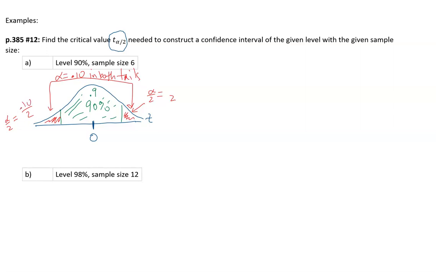So 0.10 over 2, 0.10 over 2 in each of those tails, and that's 0.05. Okay. So then we're going to look for a t alpha over 2 value that's positive on the right side of 0, and we'll have a matching negative t value on the left side of 0. T sub alpha over 2. I write it wrong sometimes myself.